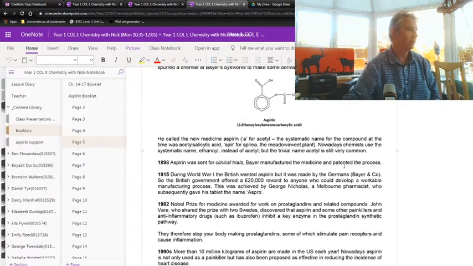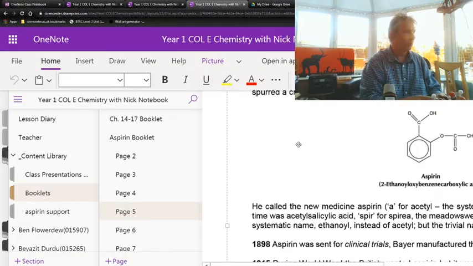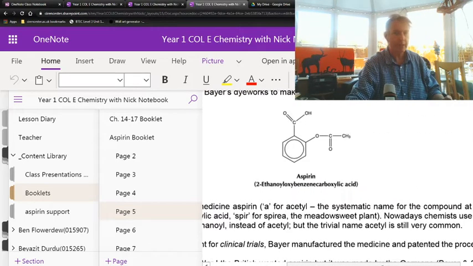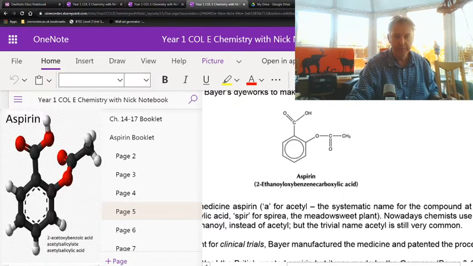There you are, so there's the aspirin there. Okay, so here is our aspirin, and that's what it's all about. Let's just slide it over there. Okay, so there is aspirin.